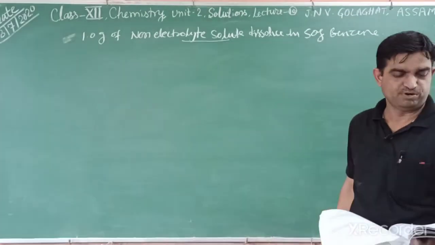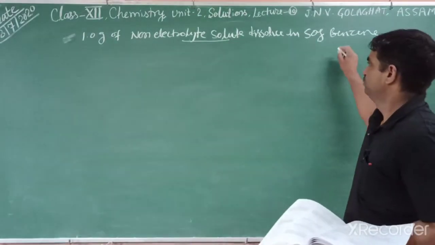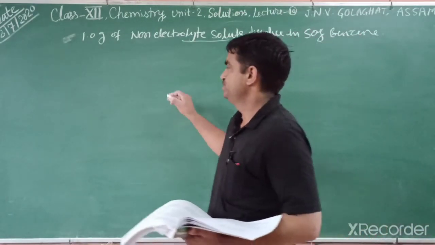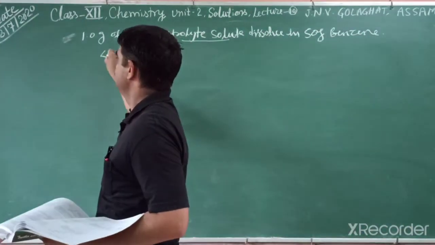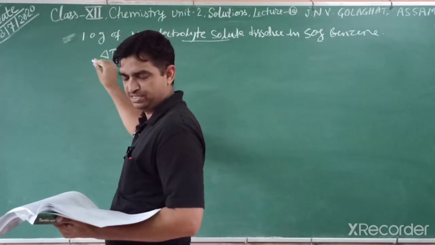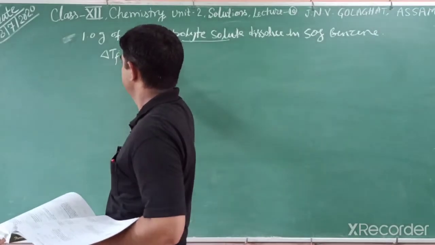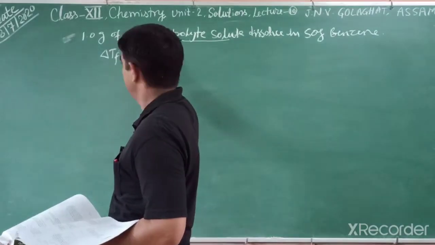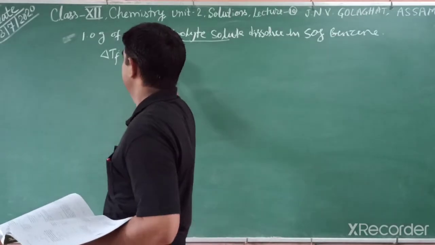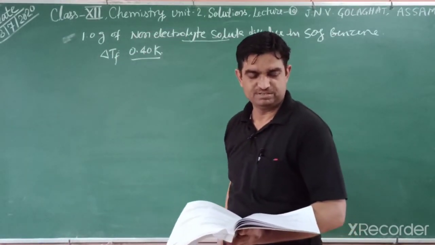Lowered the freezing point of benzene by 0.40 Kelvin. Lowered the freezing point means delta Tf, the lowering of the freezing point of benzene, is 0.40 Kelvin.